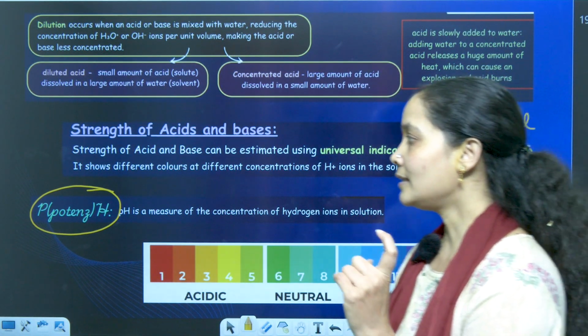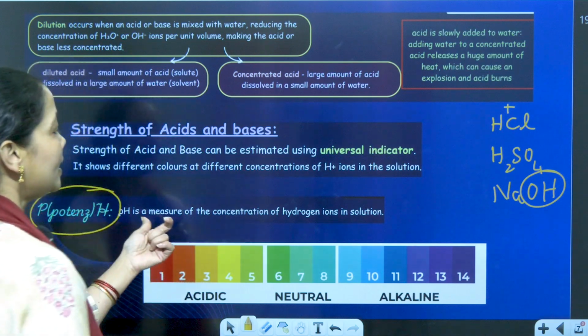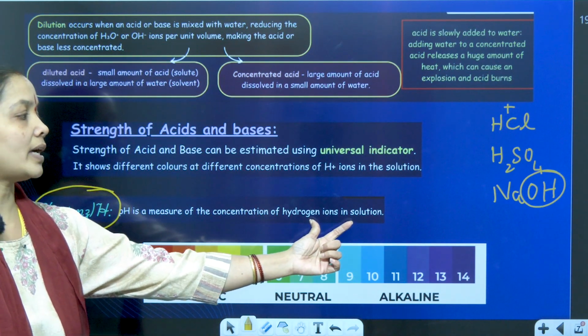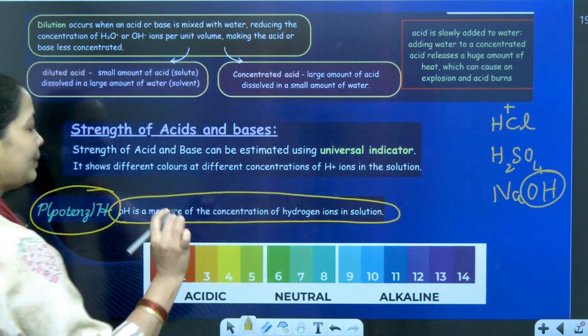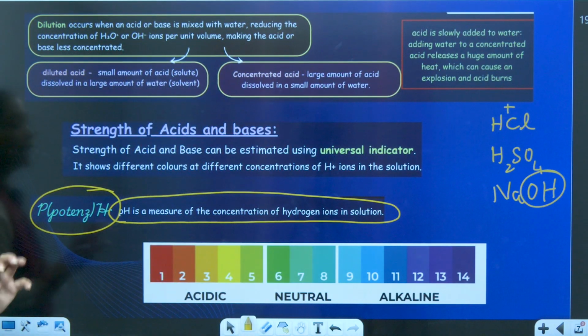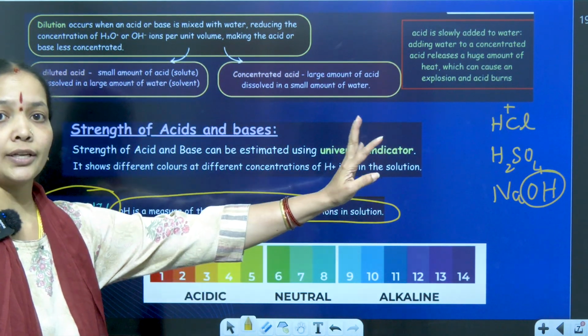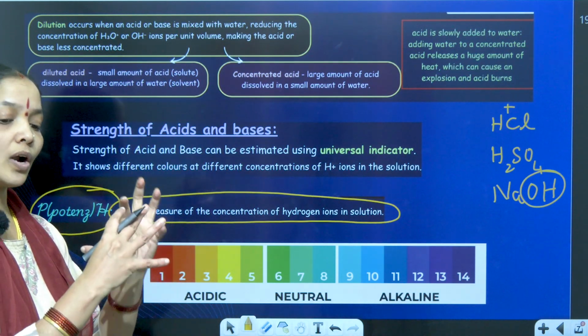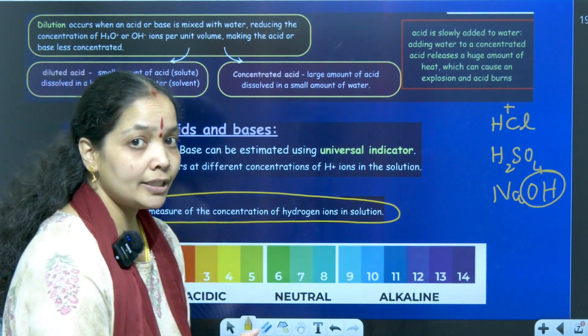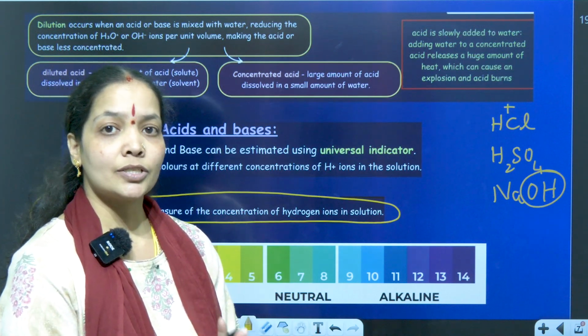The exact definition of pH is the measure of concentration of hydrogen ion in the solution. What do I mean by concentration? Concentration means the quantity or the ability of H plus ion present in a solution.